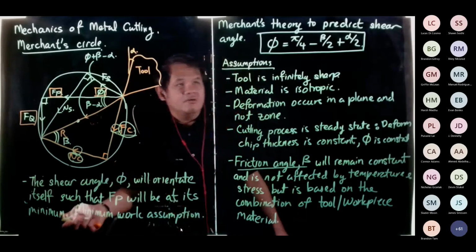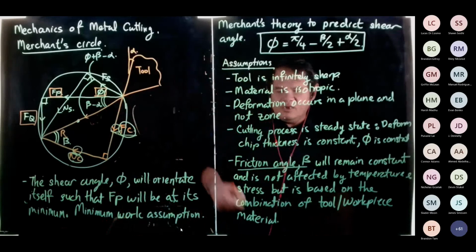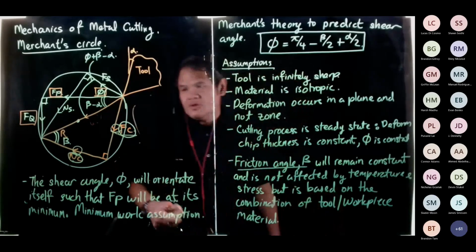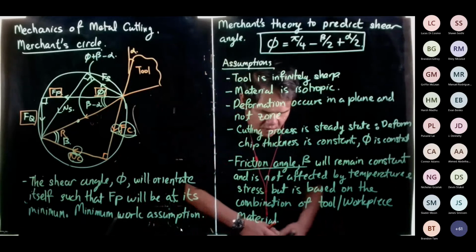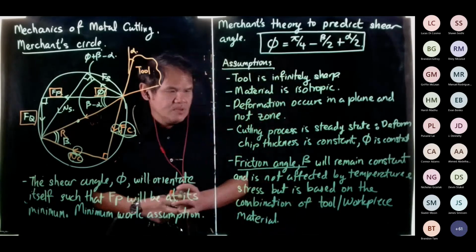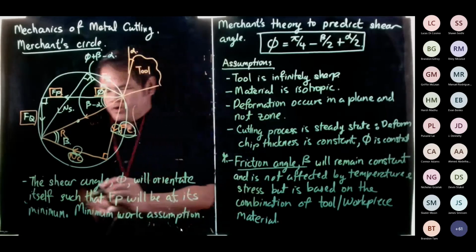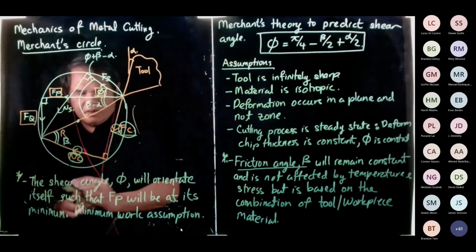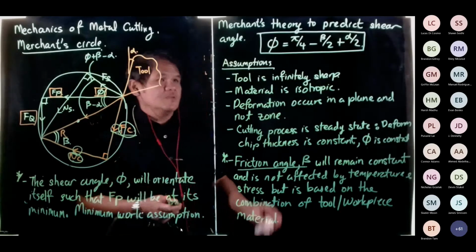So these are all the assumptions that he has made. And then he looked at his circle. Okay. And he's going to derive an expression that I'm going to work out with you now. Okay. So the two big one is the friction angle is constant. And the other one, the shear angle phi, is also will orientate itself such that Fp will be at its minimum. Okay.